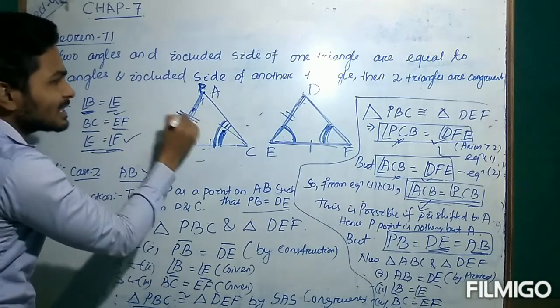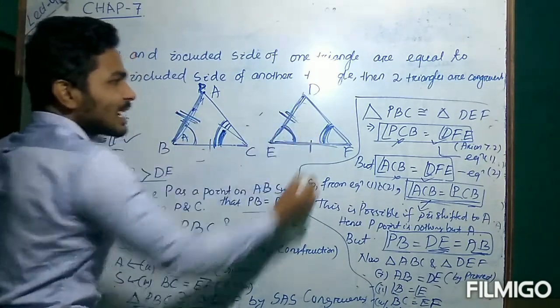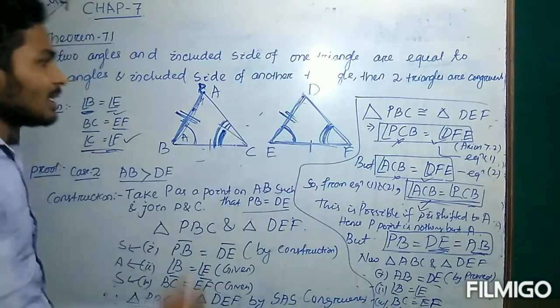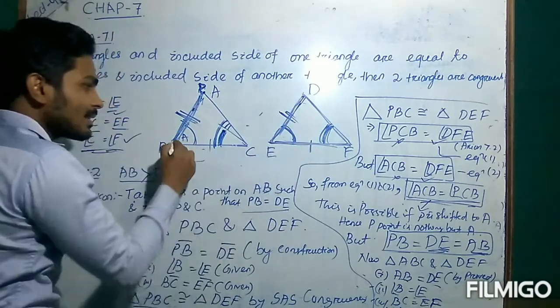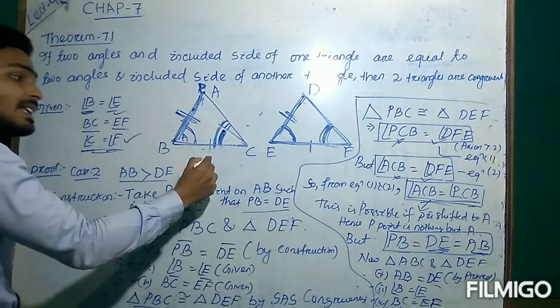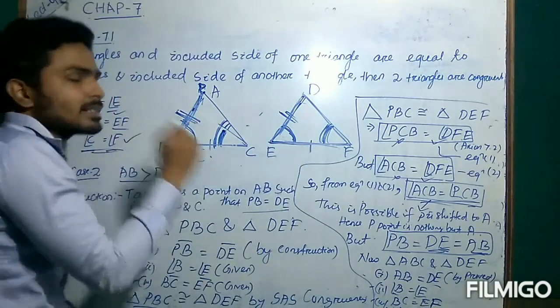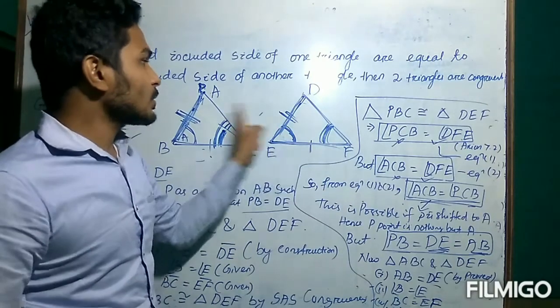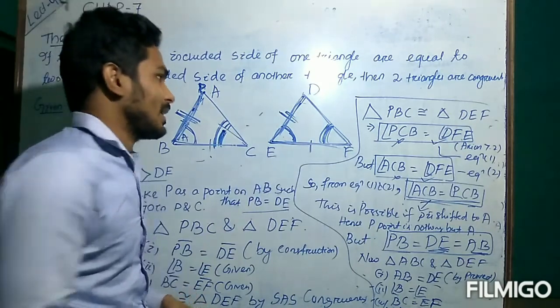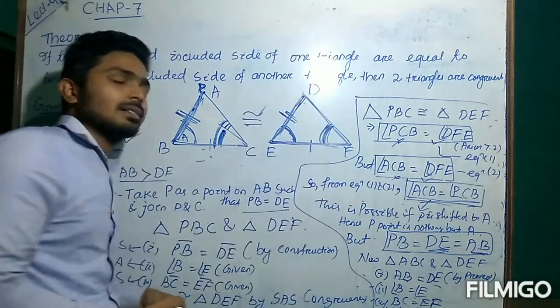Now we find that this side is equal to this side. Comparing these two triangles, this side is equal to this side, this angle is equal to this angle. So by SAS congruency, we can prove that this triangle is congruent to this, and it is proved. Understood?